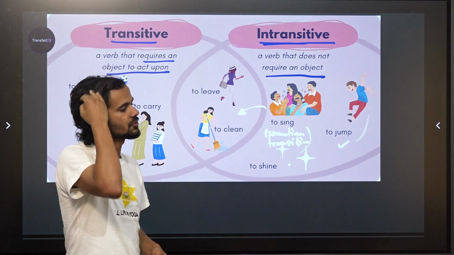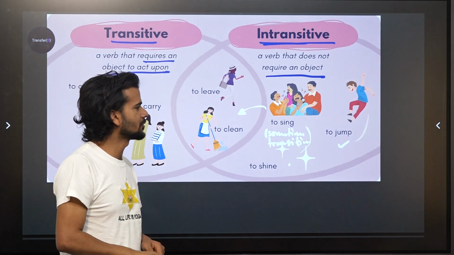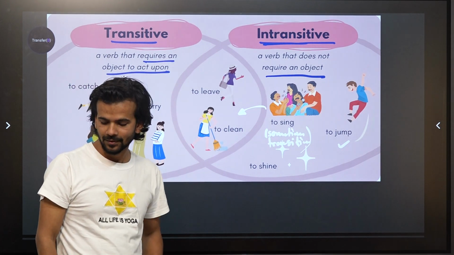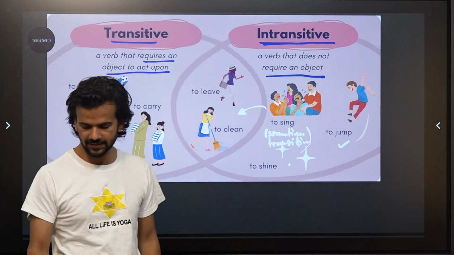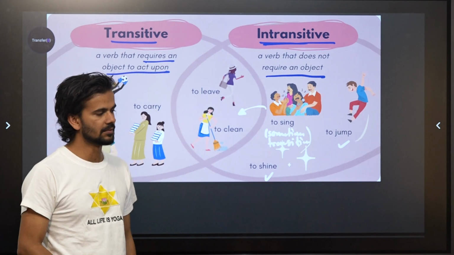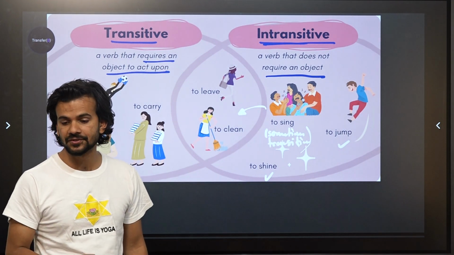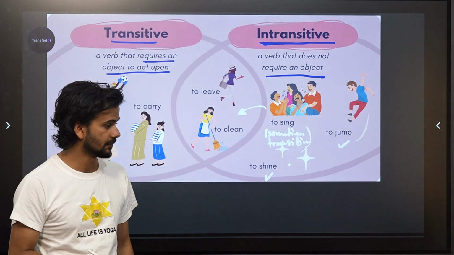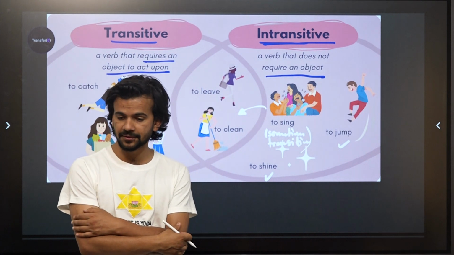Do you need something to shine? The shining is a property, right? So that's also intransitive. So there are some words which can take both transitive and intransitive form in a given sentence. And it depends on the context.